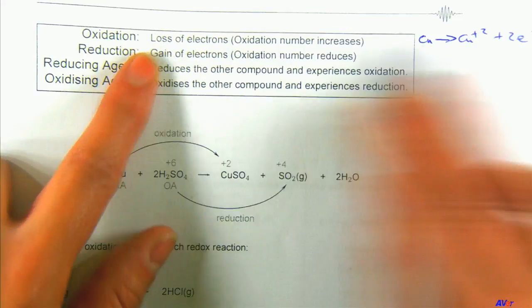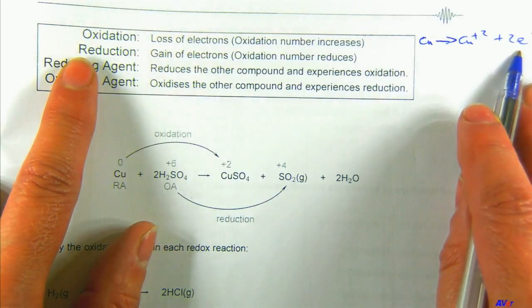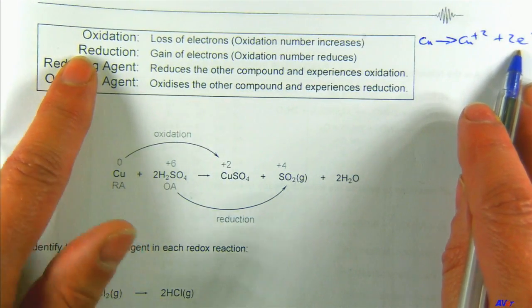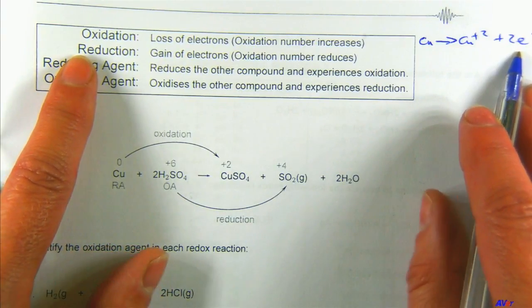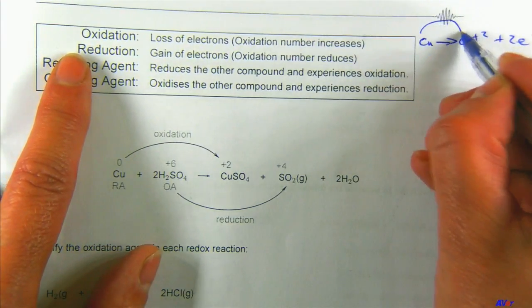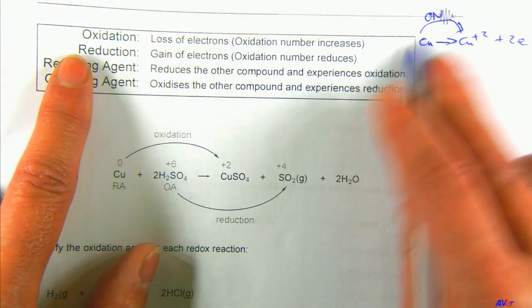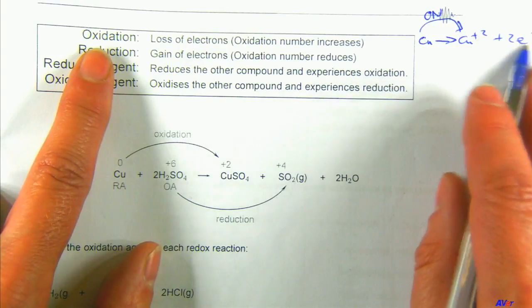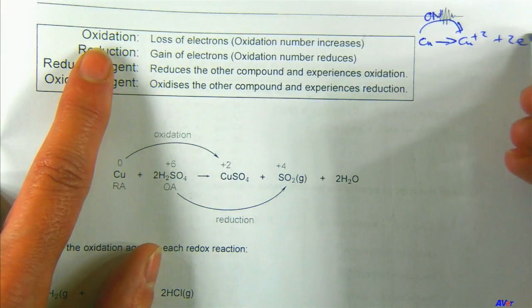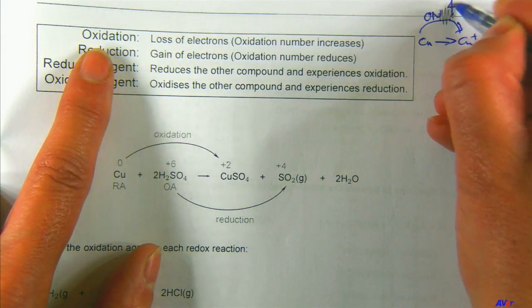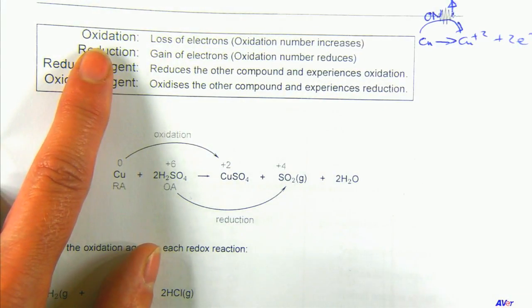It is loss of electrons. But in future, we're going to take a shortcut. We're not even going to talk about the electrons. We're just going to talk about the oxidation number. What happened to the oxidation number over there? If you lose negatives, then my oxidation number increases. It becomes more positive, right?